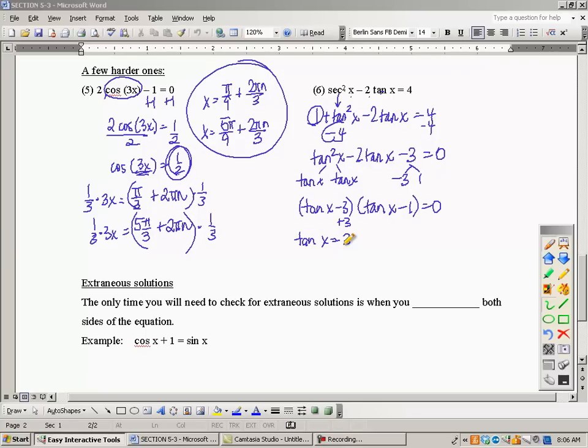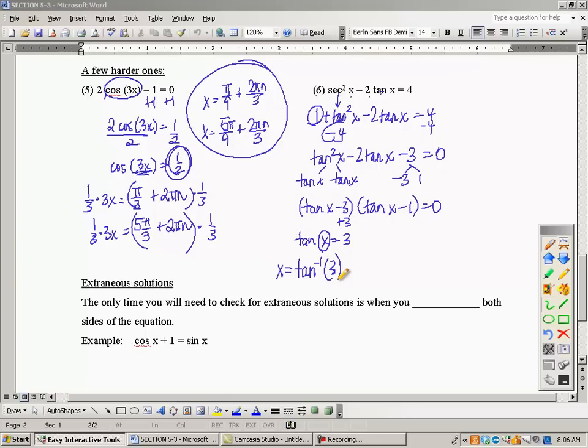Now the only problem is, 3 is not an exact value on our unit circle. So this is where our inverse functions come into play, because if I'm trying to find this angle x, what I'm going to do to find x is take the inverse tangent of my value in order to find the angle. And truthfully, I don't want the decimal.